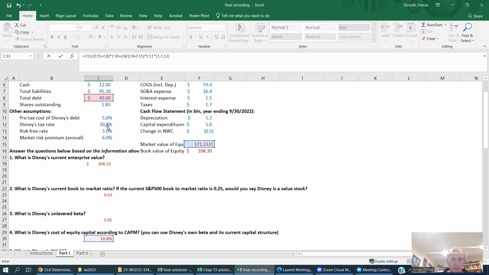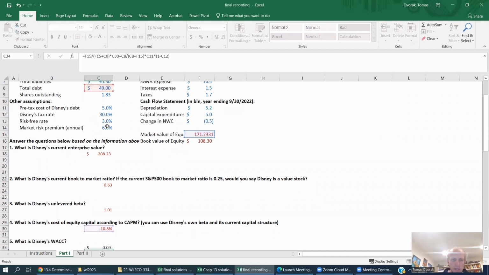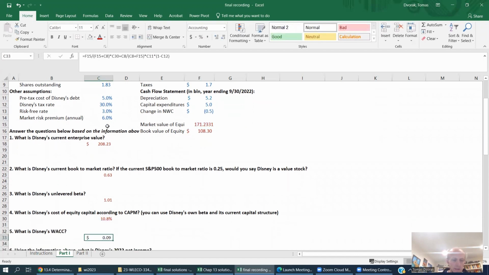It's going to give us after-tax cost of debt, and that gives us, let's format that as a percentage again. Let's give it a couple more decimal places, make it red, and that's Disney's WACC.